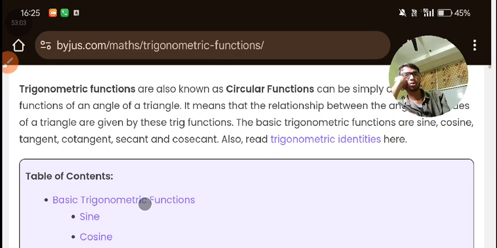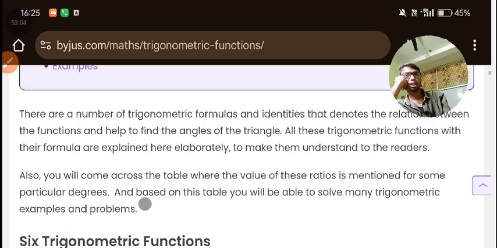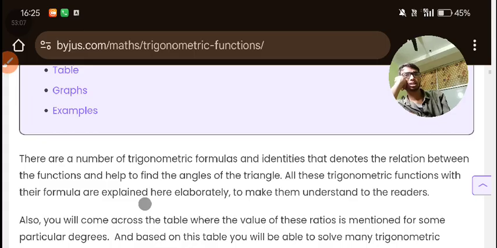This is the table of contents. There are a number of trigonometric functions and identities that denote the relation between the functions and help to find the angles of the triangle. All these trigonometric functions with their formulas are explained here elaborately to help readers understand.